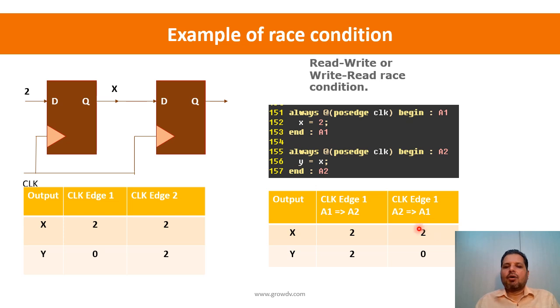Even if I forget the specification for a moment, depending on the order of execution of these two always blocks, the output result that I am going to see can be different. And this indeterminism is nothing but the race condition. So this is the problem of race.